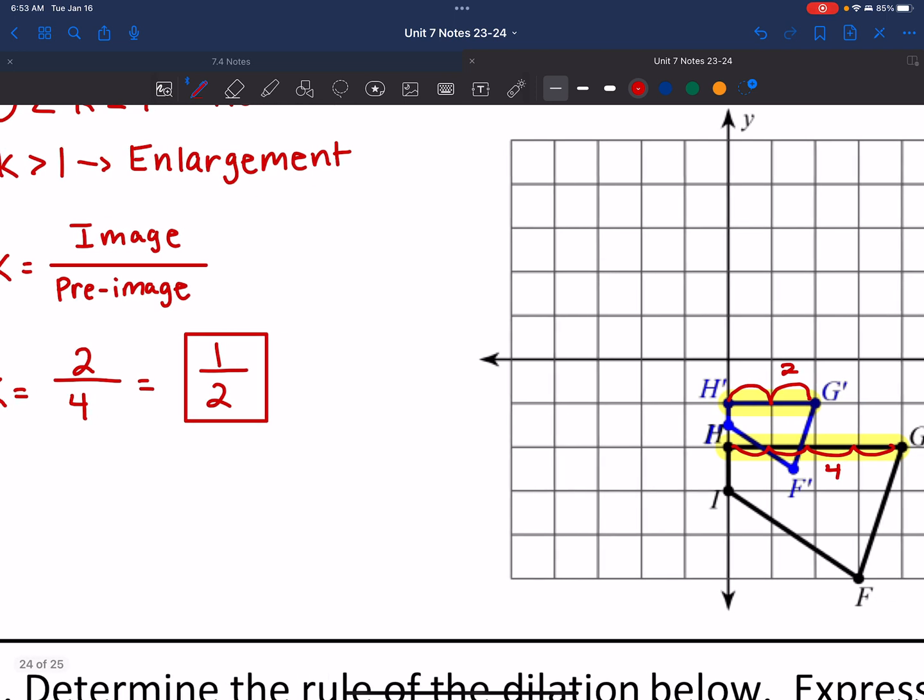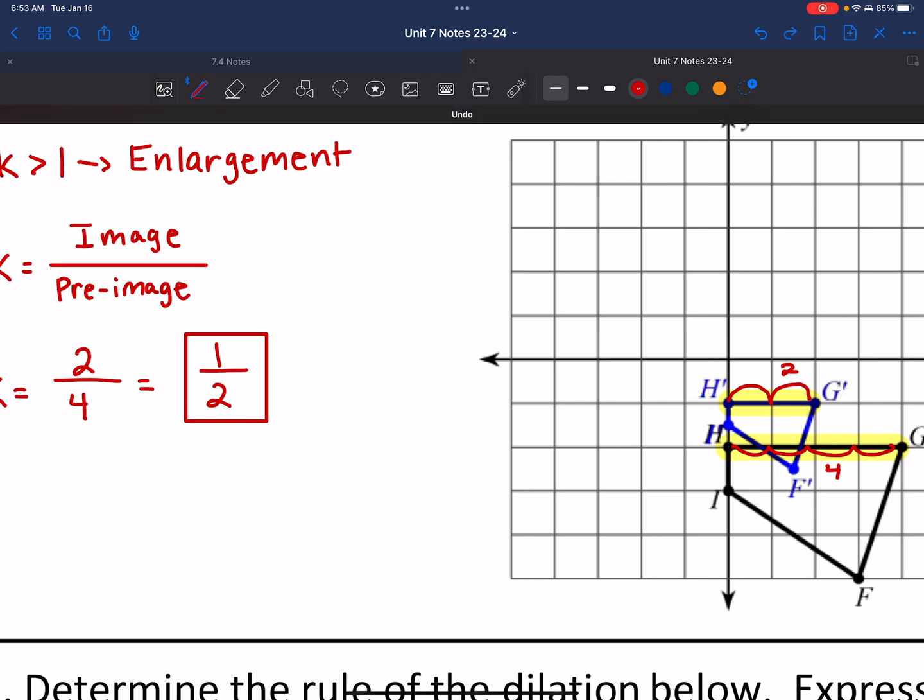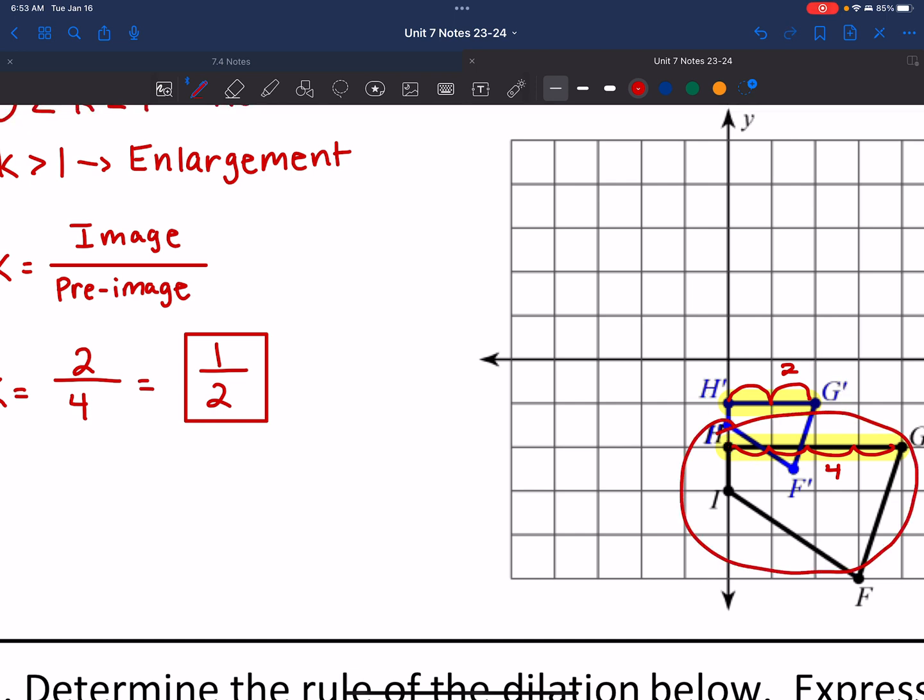So in other words, H prime, G prime, or that figure right there, is half as big as its original counterpart, the one down here.